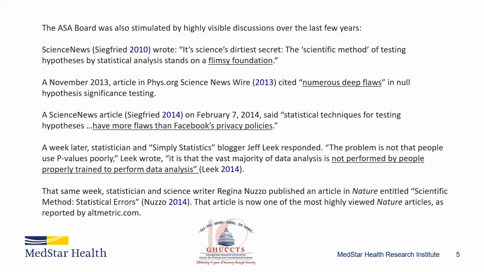Before they met, they looked at some of the comments that were made about statistics by different individuals, whether they were scientists or not. The most interesting one, I thought, was the last one mentioned, the article that appeared in Nature, and I have a reference for that at the end.